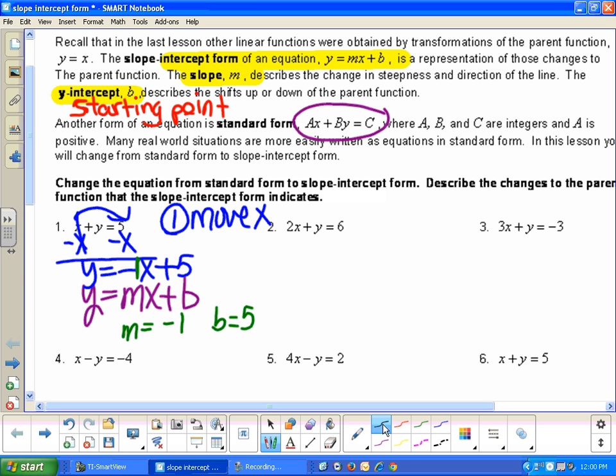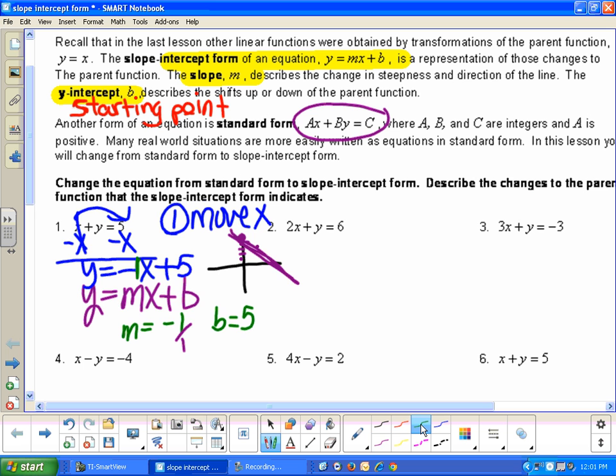And if I were to graph this, I'm looking for a line that starts at 1, 2, 3, 4, 5, and has a slope of down 1 to the right 1. I could match that line because we're looking for a specific y-intercept and a specific slope.